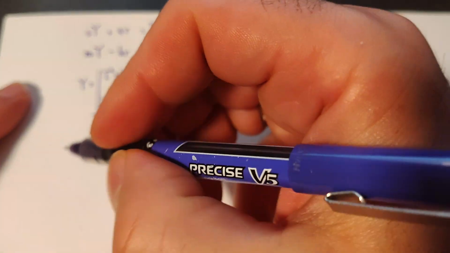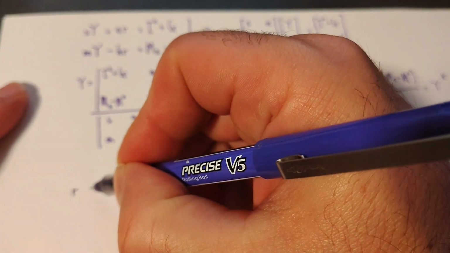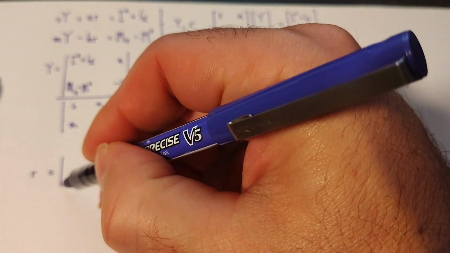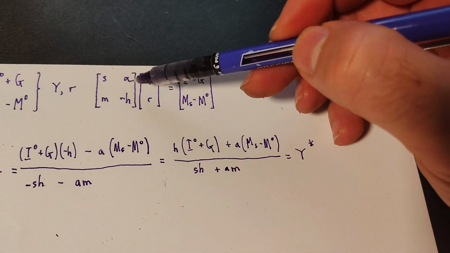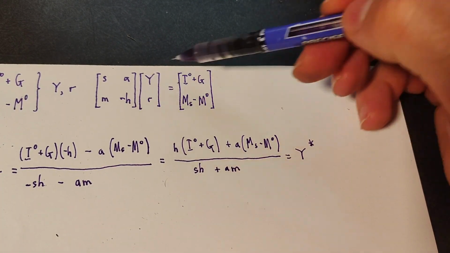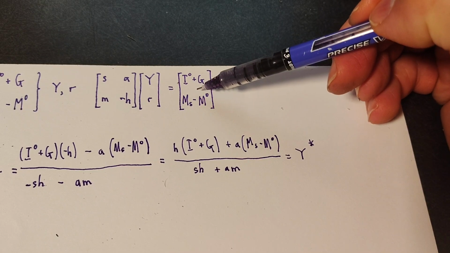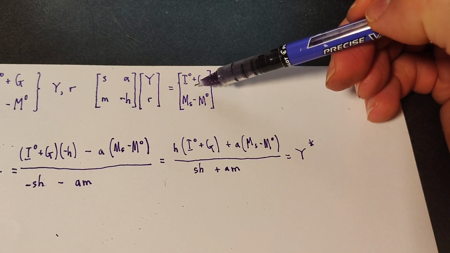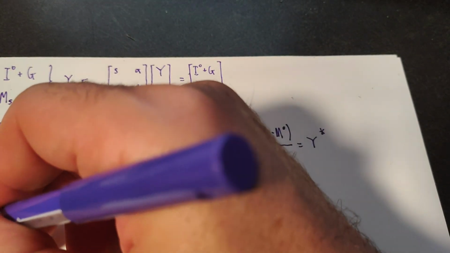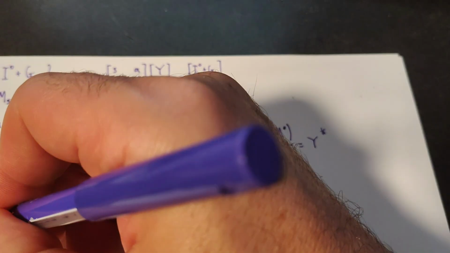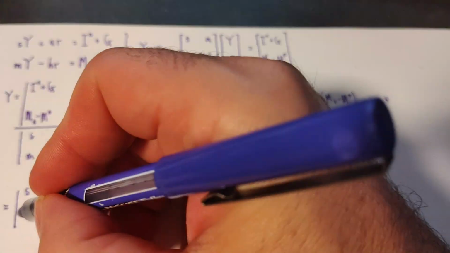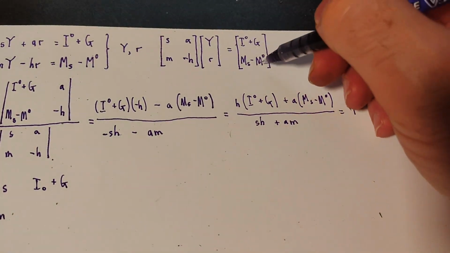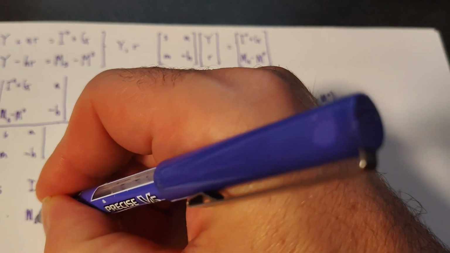Now let's solve for the equilibrium interest rate. So that's going to be equal to the determinant of this matrix here, but with the second column now replaced by vector B. So it's going to be S, and then we're going to have I naught plus G. And then down here we're going to have M, and that's going to be MS minus M naught.